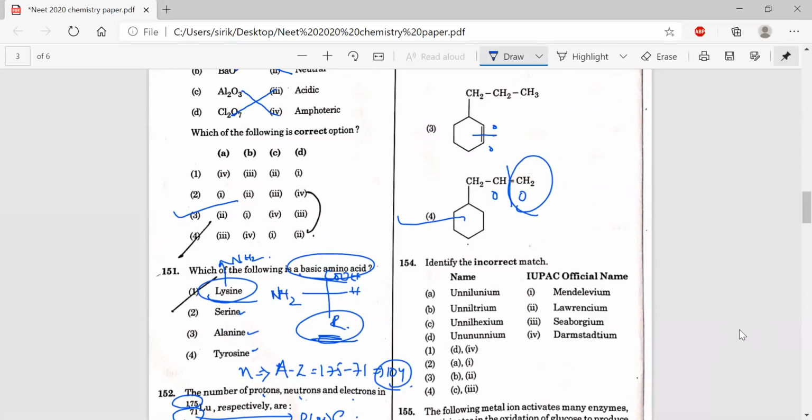Unnilunium means un, nil, un, 101, mendelevium, correct. Unniltrium, 103, lawrencium, correct. Unnilhexium, 106, seaborgium, correct.